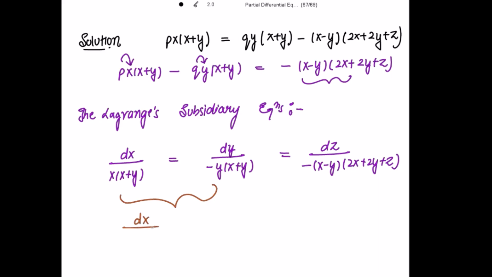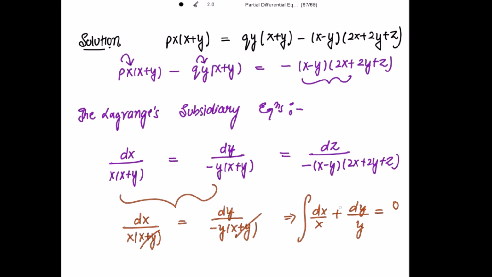So we get dx divided by x(x + y) equals dy divided by −y(x + y), so that I can cancel these two. So this implies dx/x + dy/y = 0.